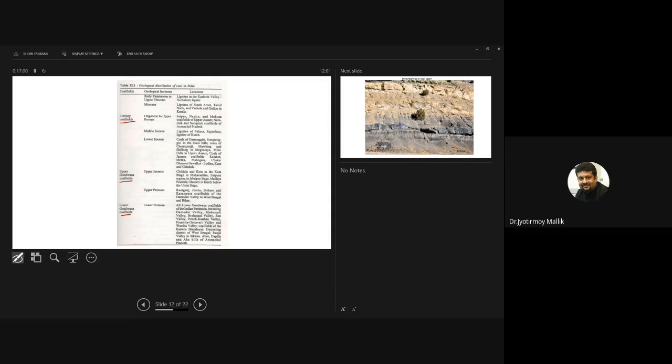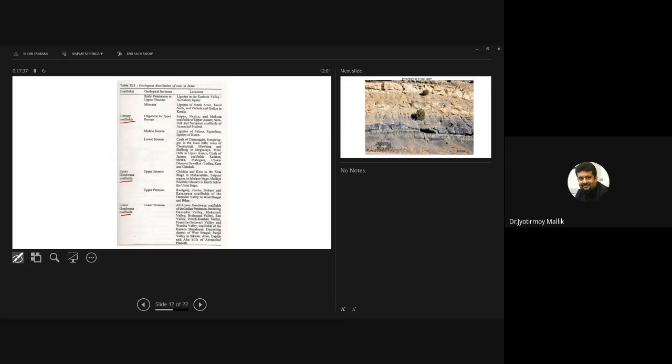The Tertiary coal fields are from early Pleistocene to upper Pliocene and Miocene, and they are essentially forming lignites of the Kashmir Valley, which is called Ichahome lignite, and the lignites of South Arcot, Tamil Nadu, Varkala, and in Kerala. So these are the youngest lignite deposits that we have in India.